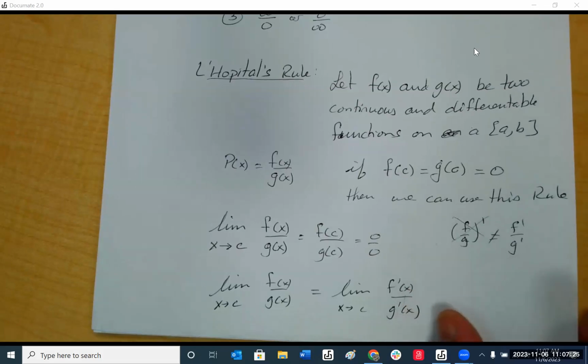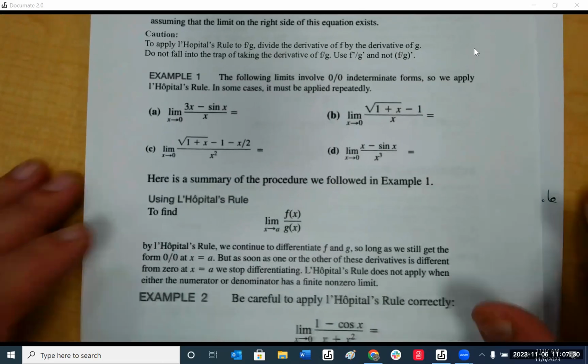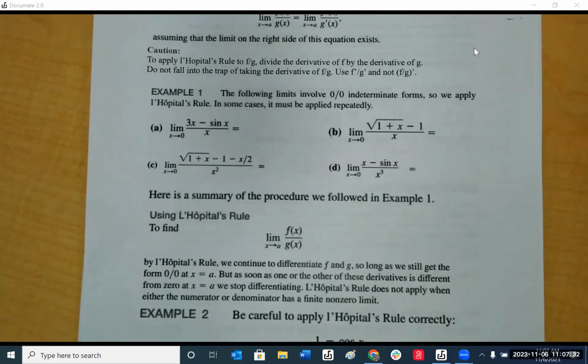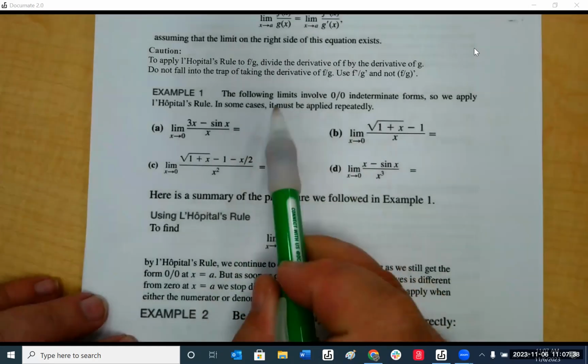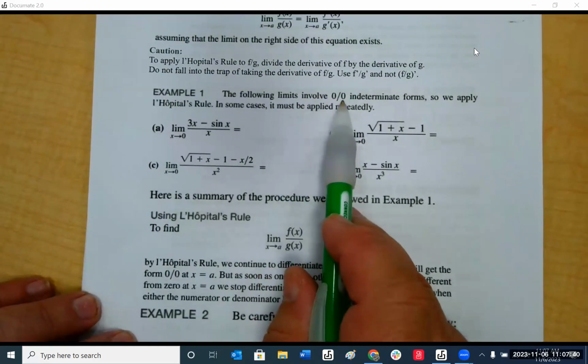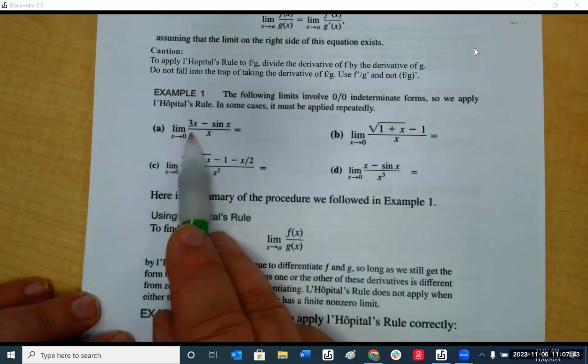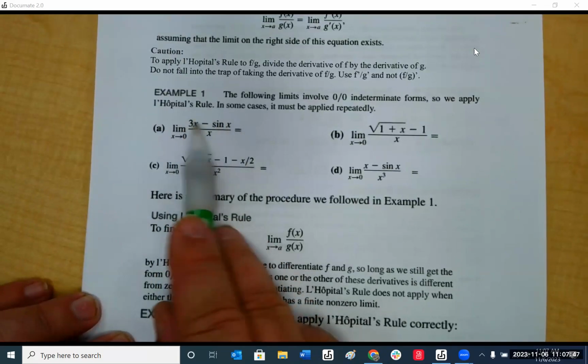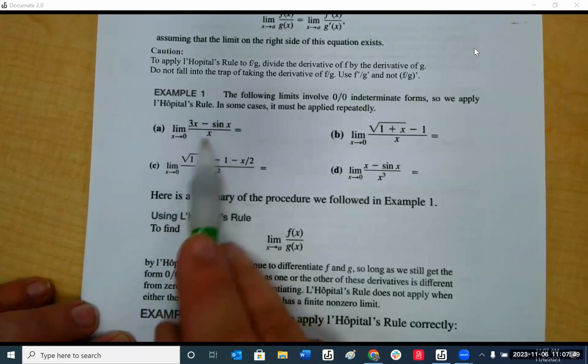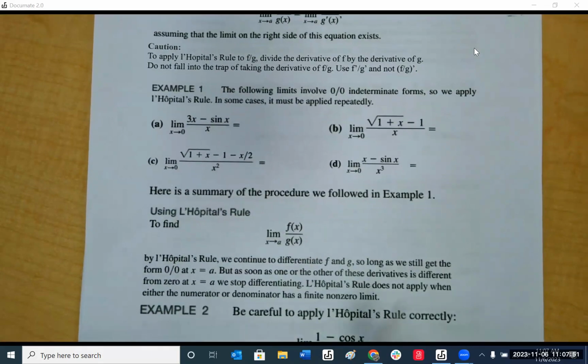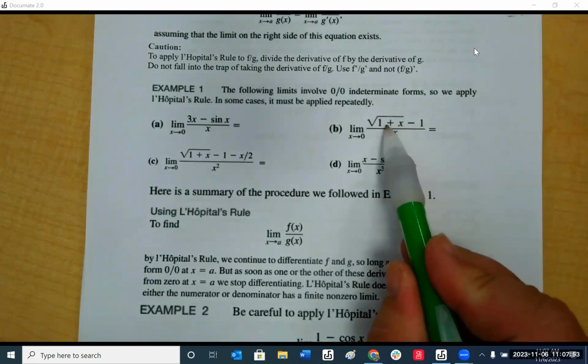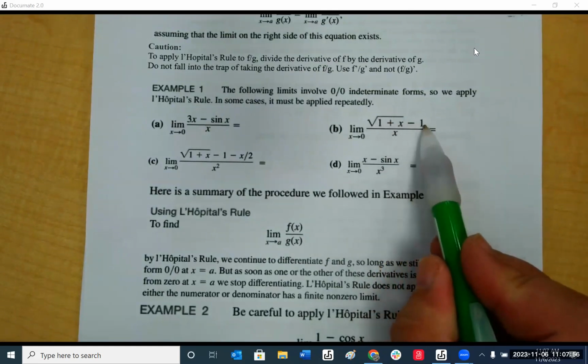All right, so let's look at examples here. Example one. I'm going to try to put this up online before class, so it's easier if anybody's at home to watch it. The following limits involve 0 over 0. So we put 0 in there: 3 times 0 is 0, sine of 0 is 0, so the top is 0 over 0. 1 plus 0 is 1, the square root of 1 is 1, minus 1 is 0 over 0.